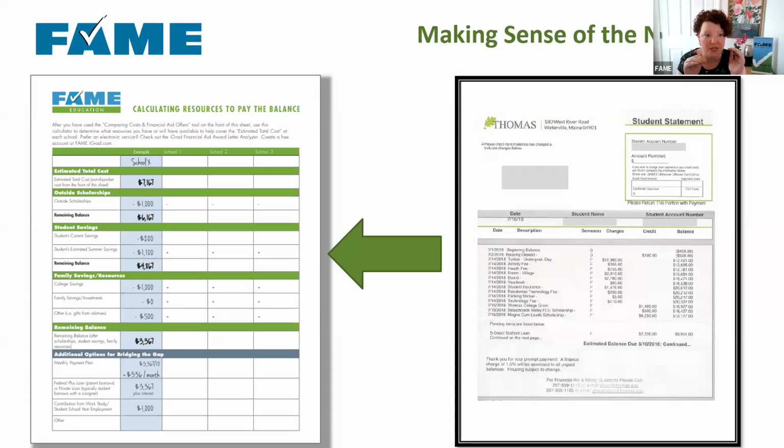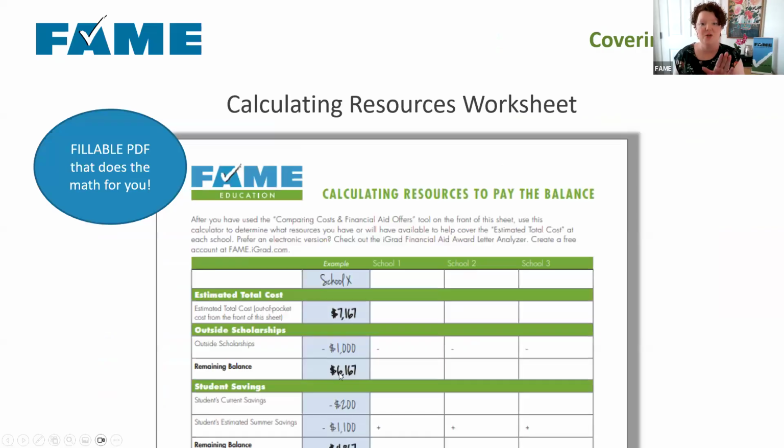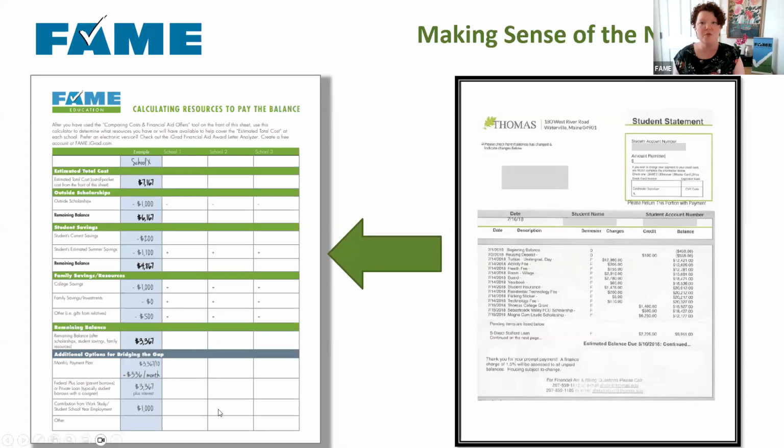So one side of the form lets you put in exactly what the college costs and how much financial aid they're giving you. That side is comparing colleges and getting down to their real net price for you. But the back side, or the second page of the document, is calculating your resources to pay the balance.